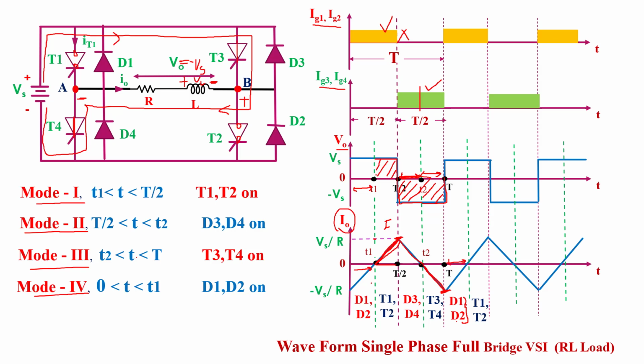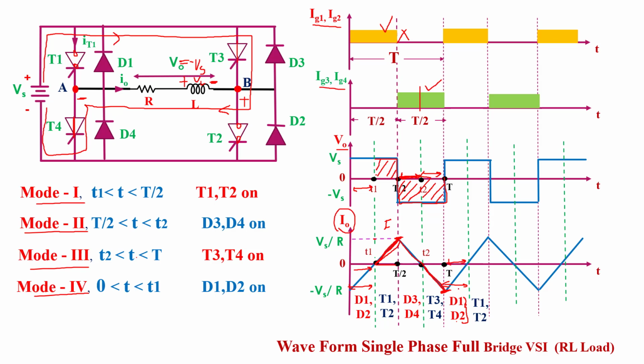So both the time intervals are the same. So in this case we consider either one, after t or 0 to t1, because this is a continuous cycle, and when we continuously operate the inverter circuit, a point comes where this time interval comes on this side. So both the 0 to t1 time interval and this time interval are the same.